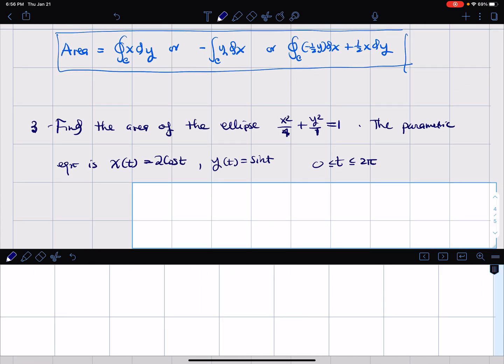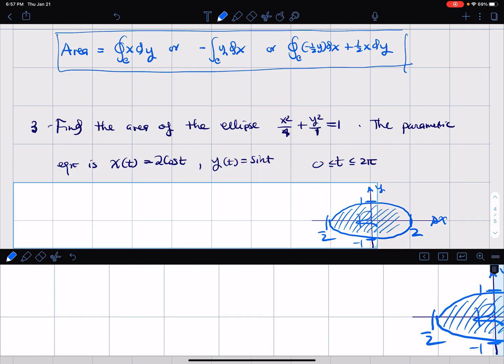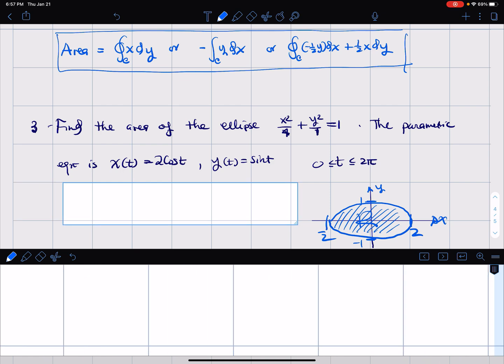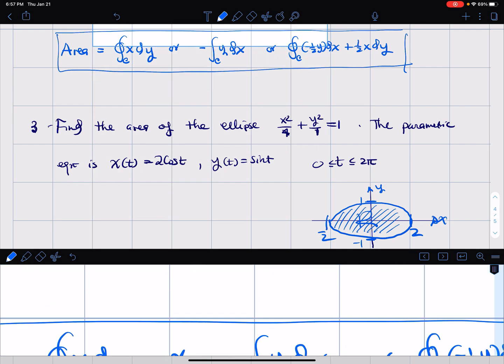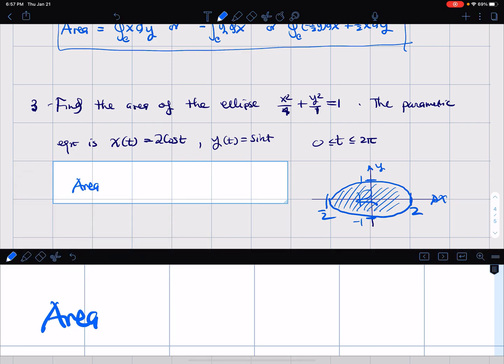I'm sure you've seen an ellipse in grade school. So this ellipse looks like this. Negative 2 and 2 here on the x-axis, and then on the y-axis 1, negative 1. And we're looking for the area of this region here. All right, so we can use any of the formulas above, any of these formulas that we find comfortable. So we can go with the area being the integral of x dy.